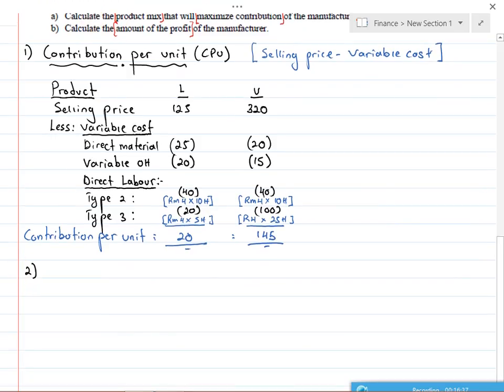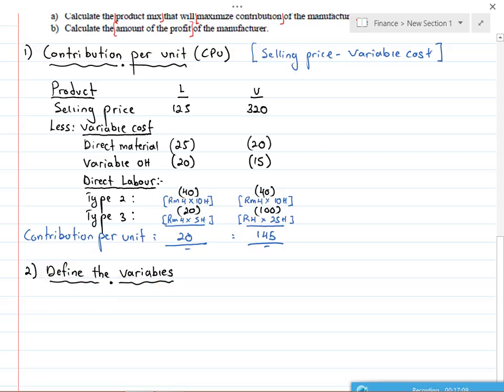Now working number 2. What is that? Define the variables.